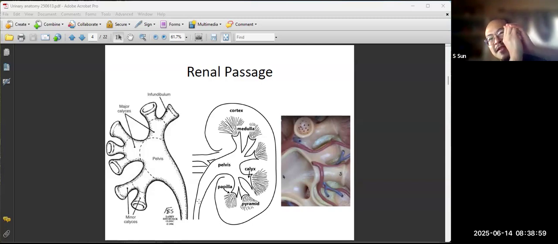So that's basically how the renal system starts, by having a beginning structure, right? And then it will grow into two parts, and then each part will grow. The growing is very much like a tree.